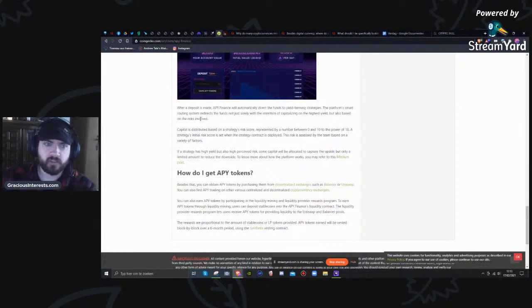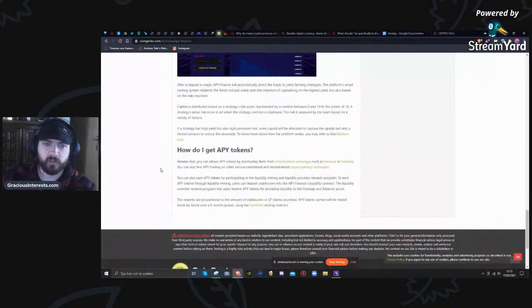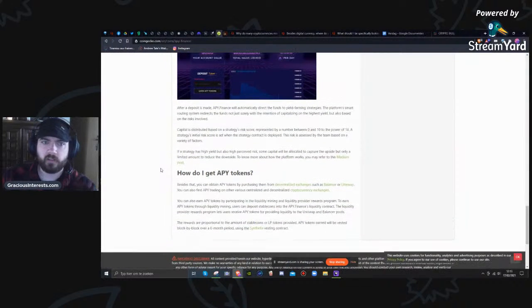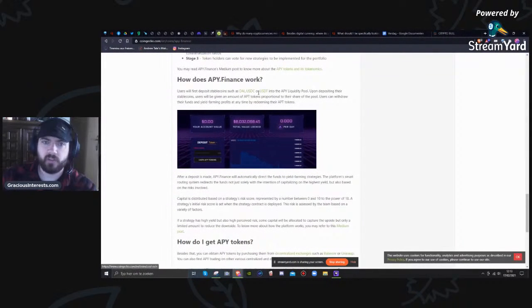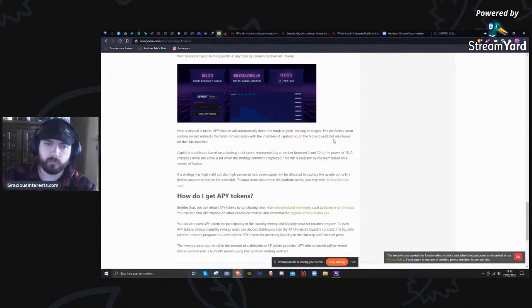Advanced strategies is smart trading, not solely with the intention of capitalizing on the highest yield, but also based on the risks involved. So basically, APY.Finance, the platform, is suited for yield farming and does it in an automated way with 3 stablecoins, mainly DAI, USD Coin, and USD Tether, to maximize your yield so you can profit, but it's automated.